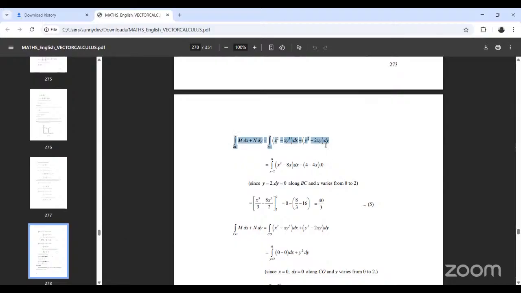Now this one, y squared minus 2x, we do the integration with dx. That gives x cubed by 3 minus 8x squared by 2, apply the limits 2 to 0. Remember one thing here, 0 is the upper limit and 2 is the lower limit. Why? Because let's see here.